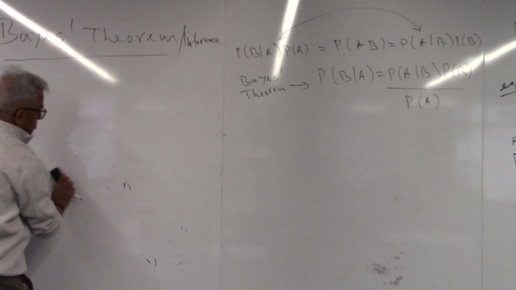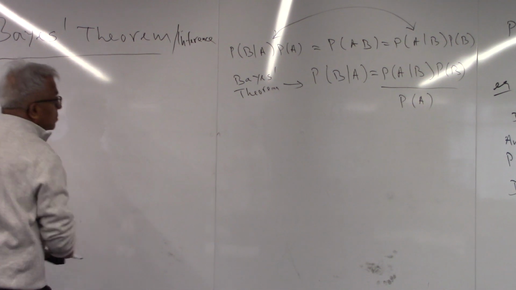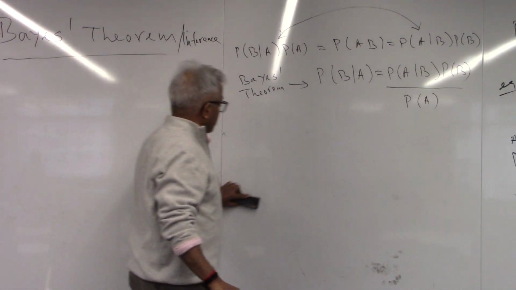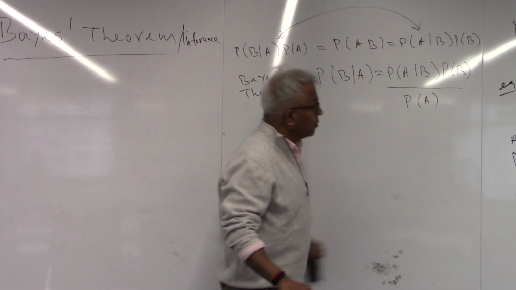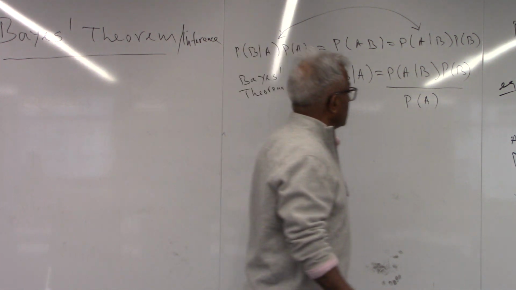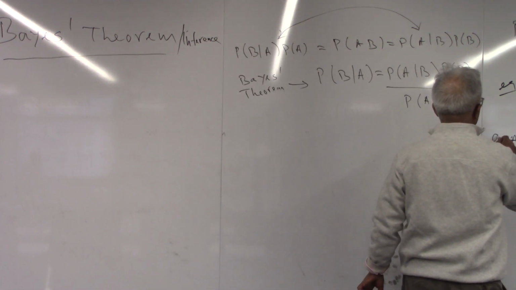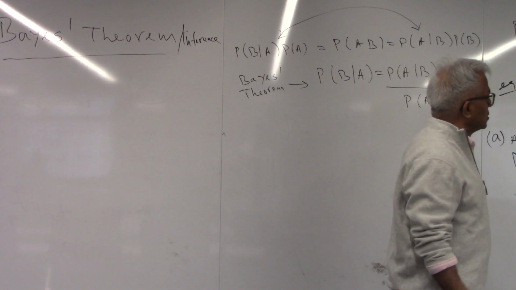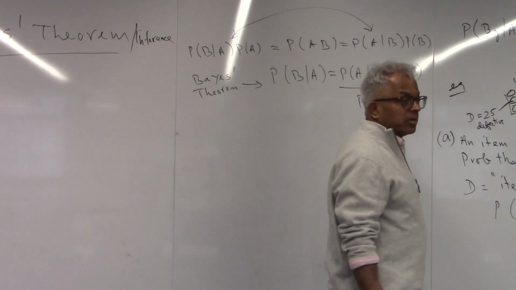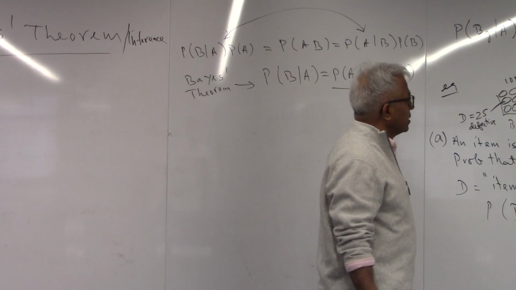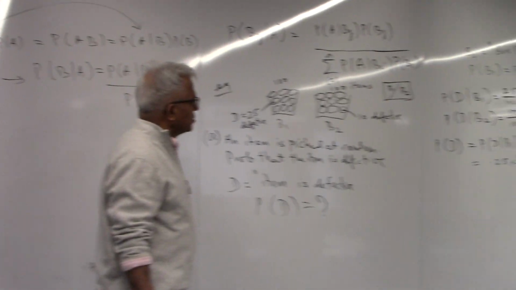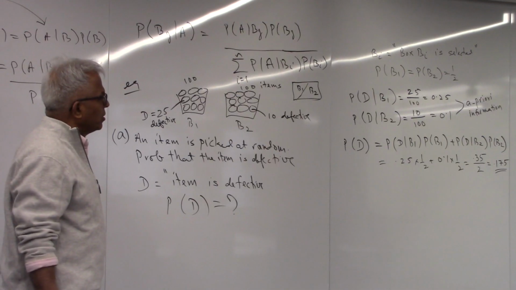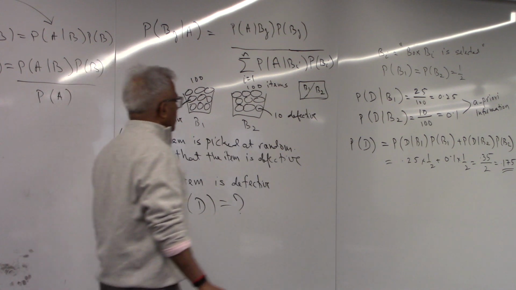Suppose an item is picked up from the other room and you bring it over. So this is part A. Here we found out from the given data the probability that a randomly picked up item is defective. That's about 0.175.